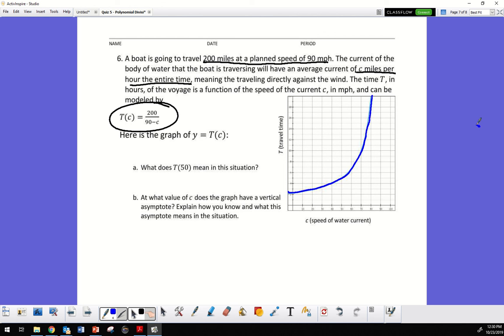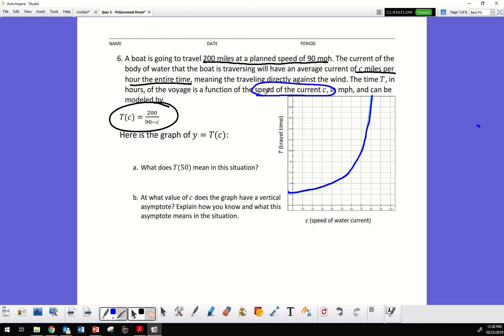Now, what does t of 50 mean in this situation? Okay, time, right? But what did the 50 replace? Speed of the current. So speed of the current is c, right?